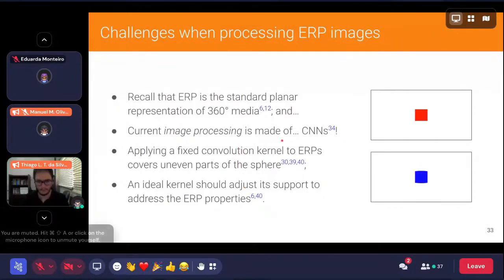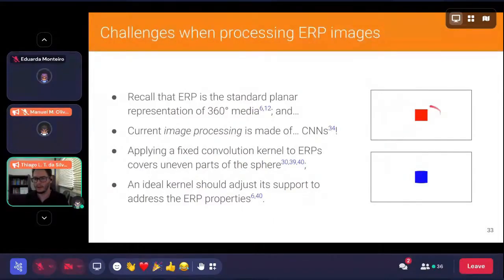Here in this upper image, we have a regular kernel represented in red. It's larger than usual, but only for visualization purposes. And here we have a kernel that addresses ERP properties represented in blue. So let's think that this image here is a rectangular image.